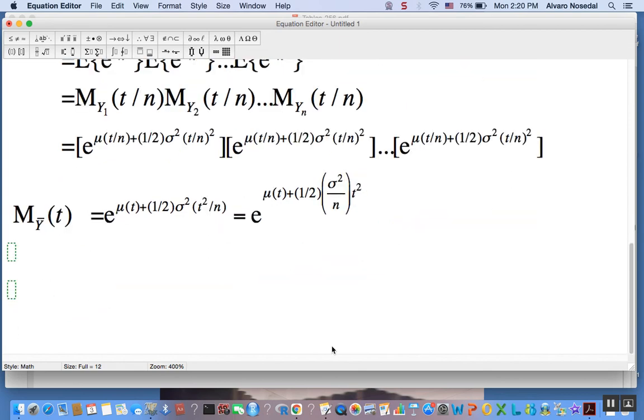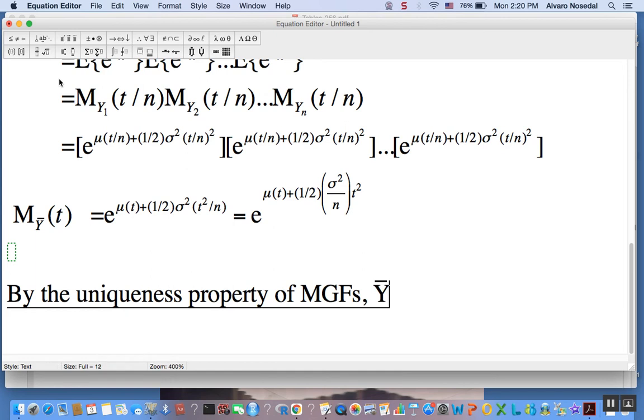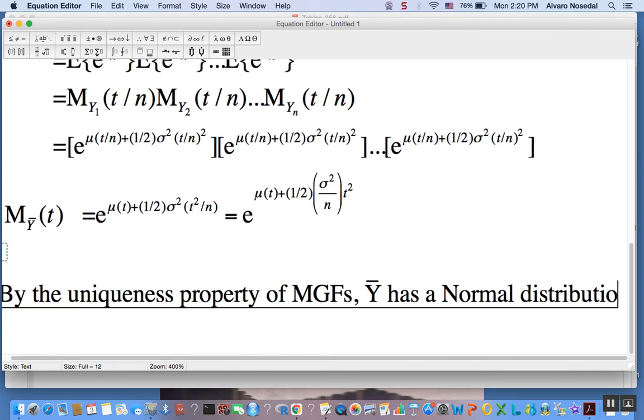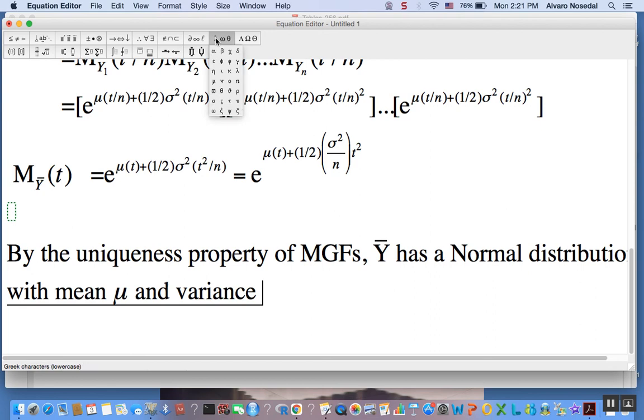So by the uniqueness property of MGFs, y bar has a normal distribution with mean mu and variance sigma squared divided by n.